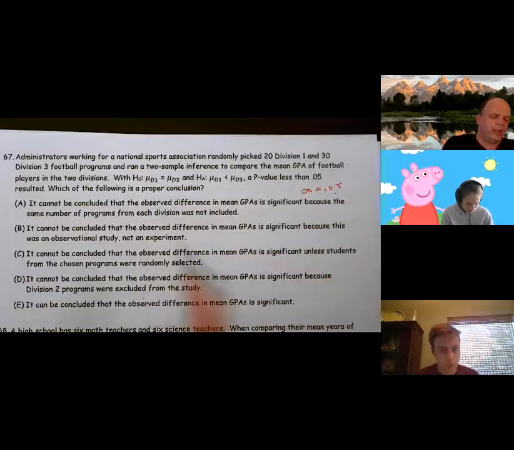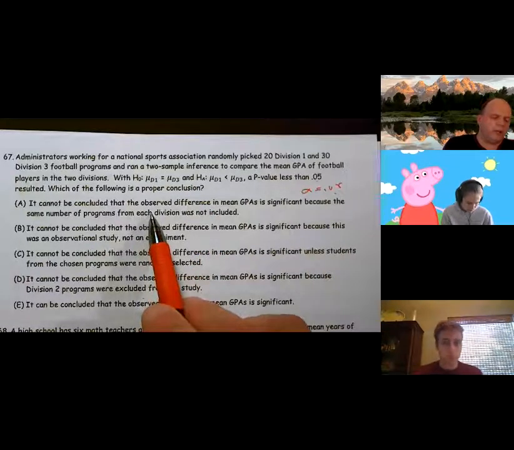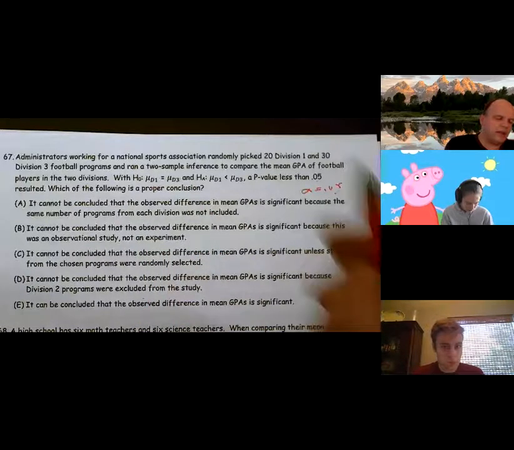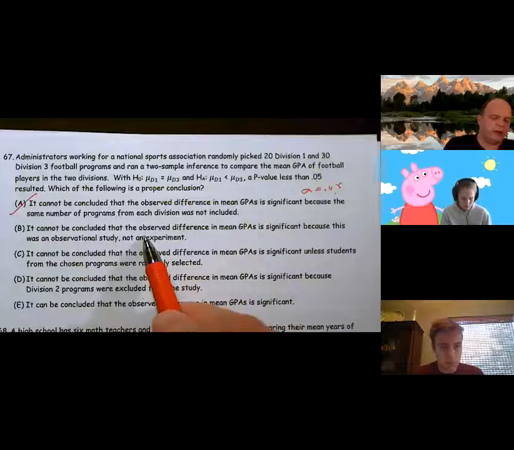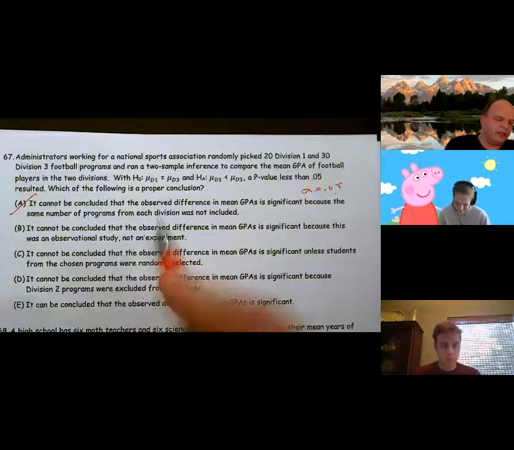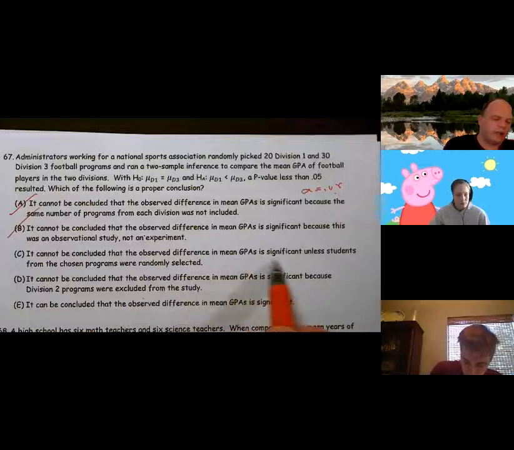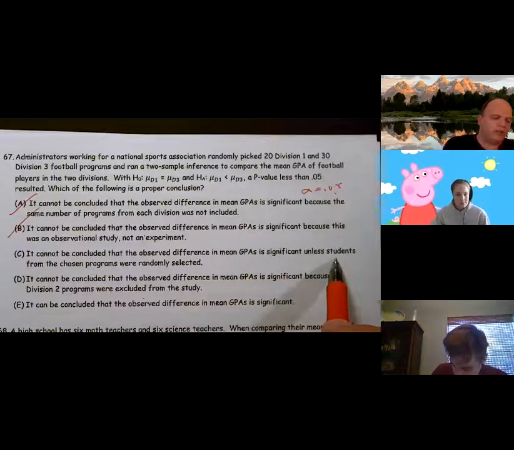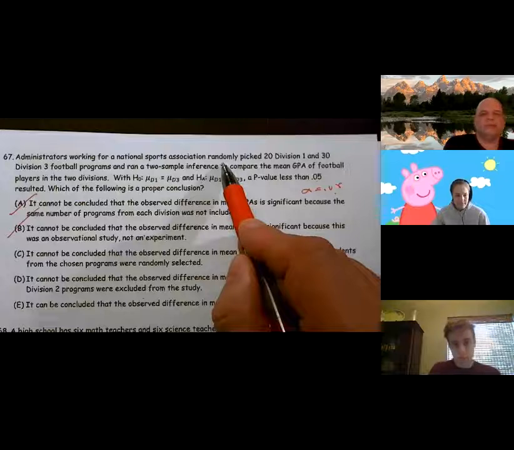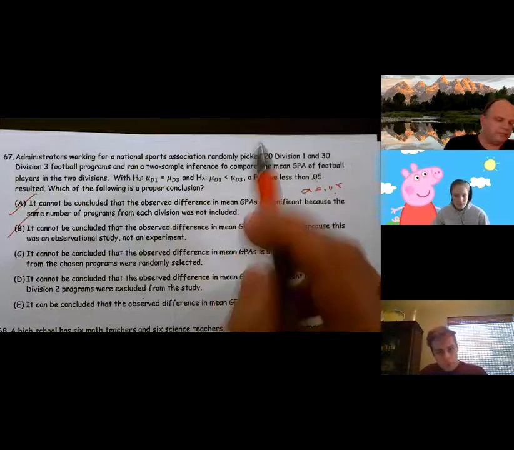So, it cannot be concluded. Well, no, it could be concluded. It cannot be concluded the observed difference in mean GPAs is significant because they were randomly selected? No, they were randomly picked.